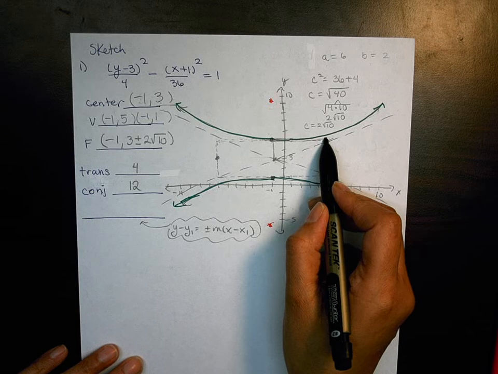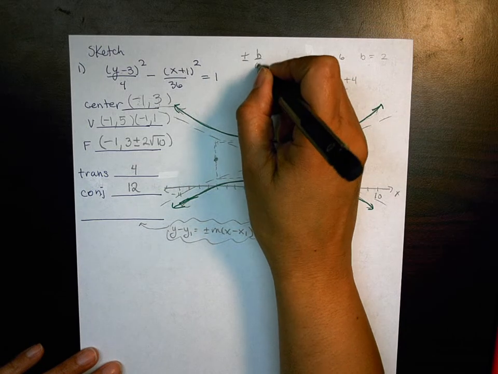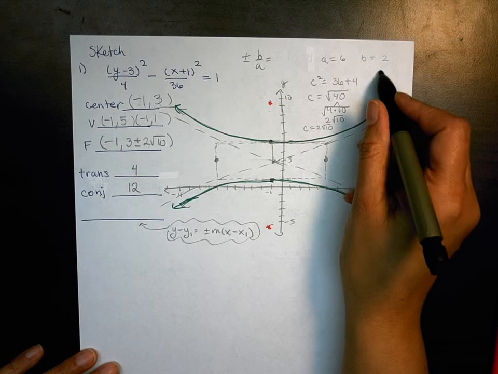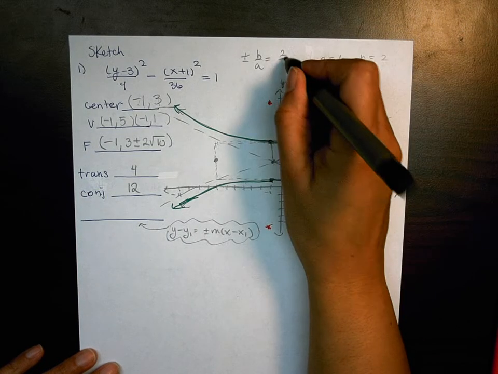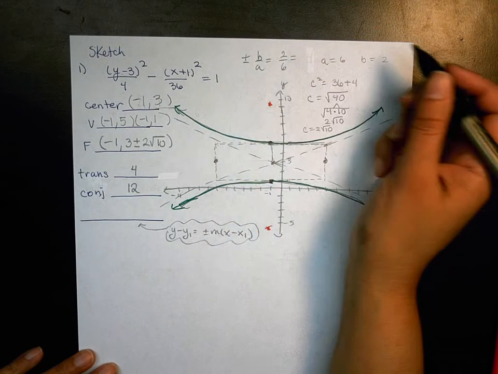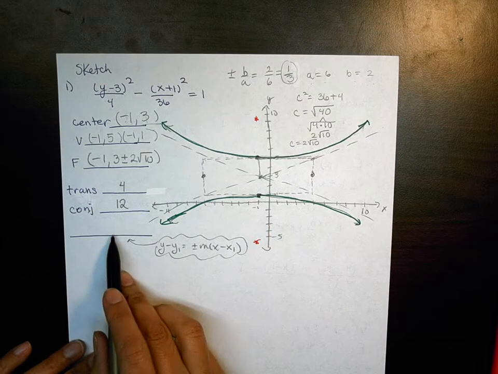You need to know that, by the way, because that comes up as a test question. Plus or minus b over a. What's b? 2. What's a? 6. What does that reduce to? 1/3.